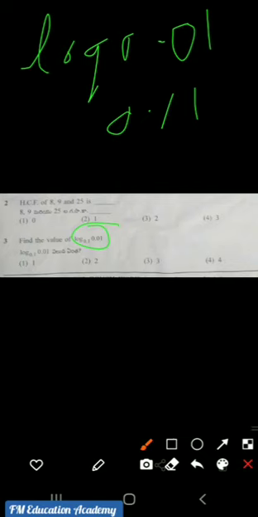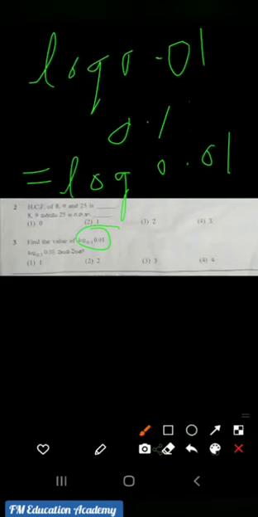Okay, so this log 0.01 to the base 0.1 can be written as log 0.01 to the base 0.1. So this 0.01 can be written as 0.1 square, because we saw just now that 0.1 square is 0.01.